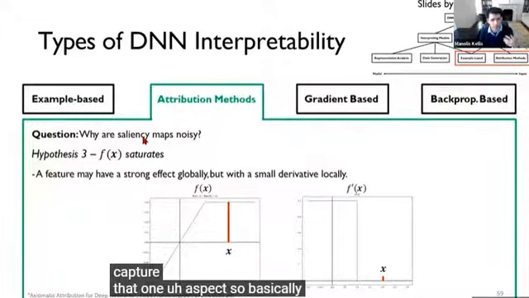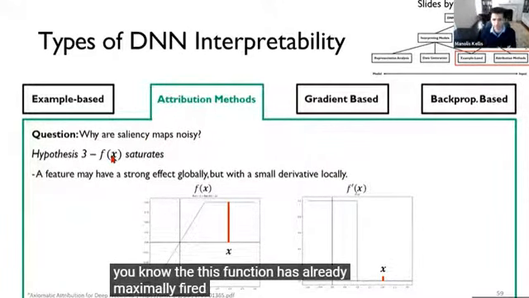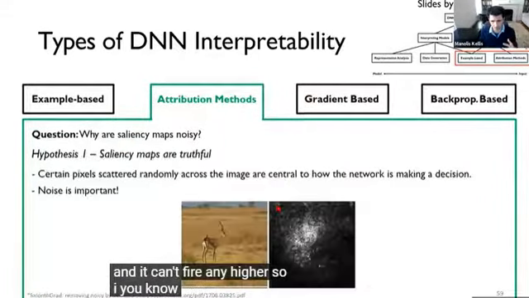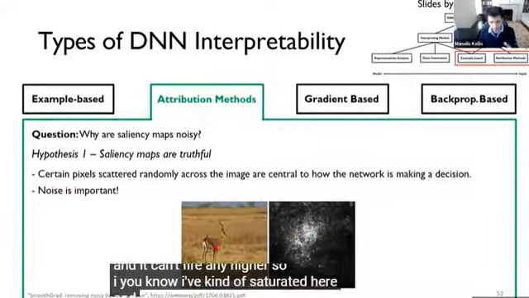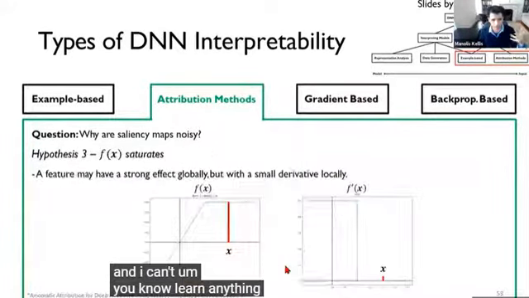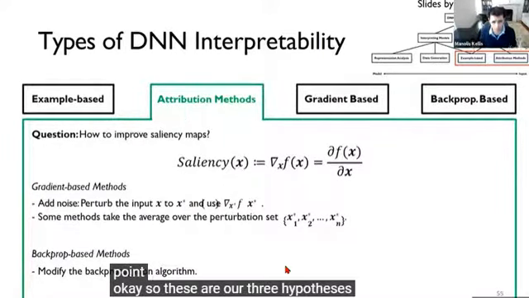So basically, this function has already maximally fired and it can't fire any higher. So I've kind of saturated here and I can't learn anything smoother at that point. Okay. So these are our 3 hypotheses that we're going to be working with.